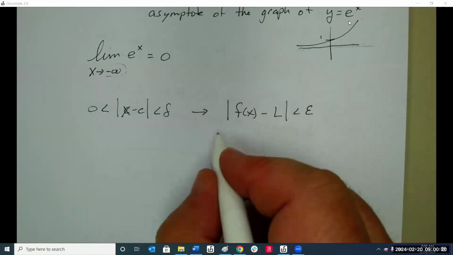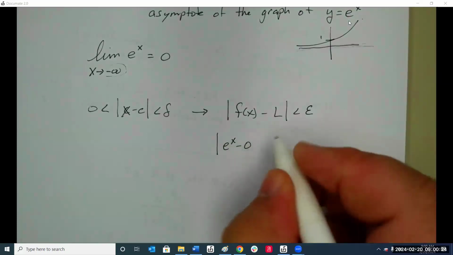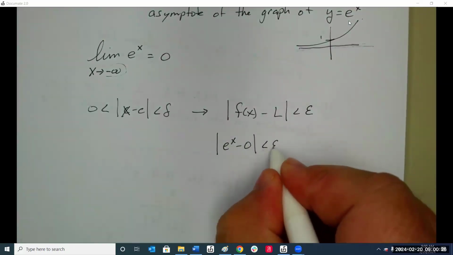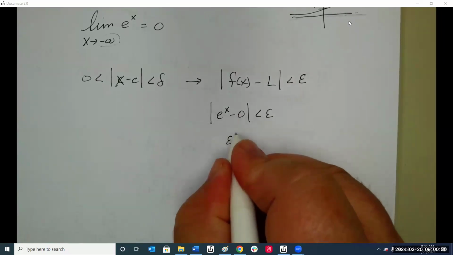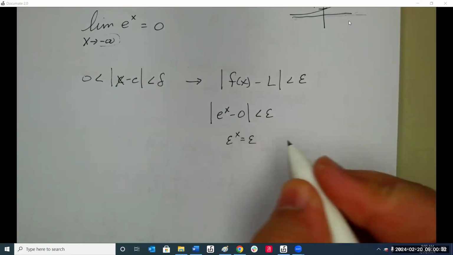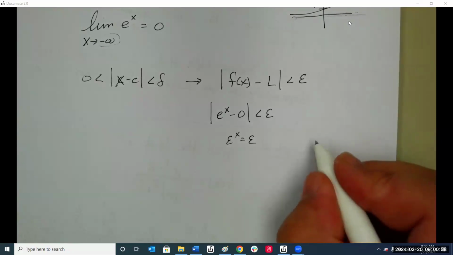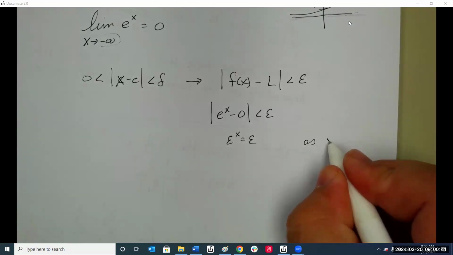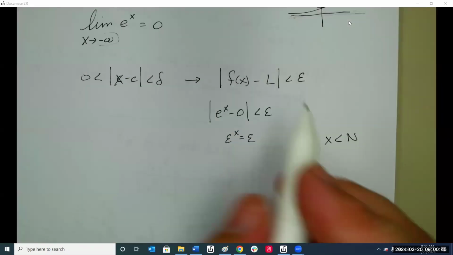So we look at this side. We have e to the x minus 0 is less than epsilon, which tells us that e to the x is less than epsilon, as x is less than n, because we're looking at negative infinity.